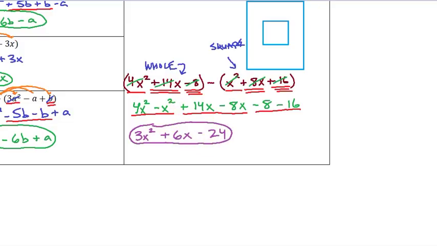And if I ask you for this in a sentence answer, you would write the expression for the leftover poster board is 3x squared plus 6x minus 24.